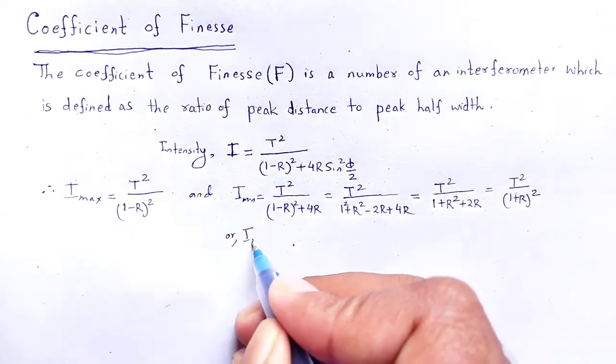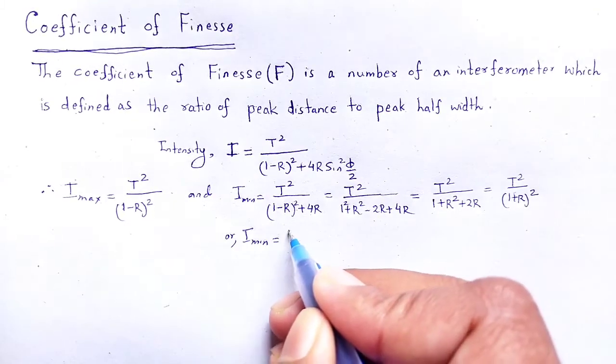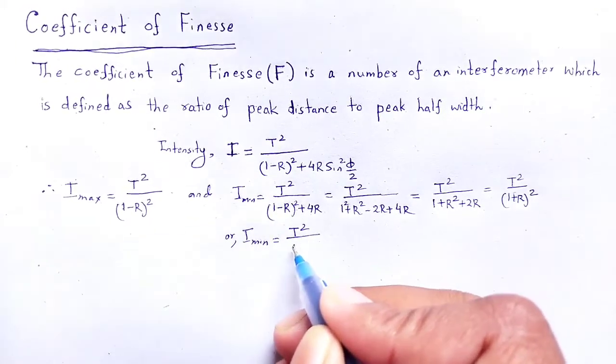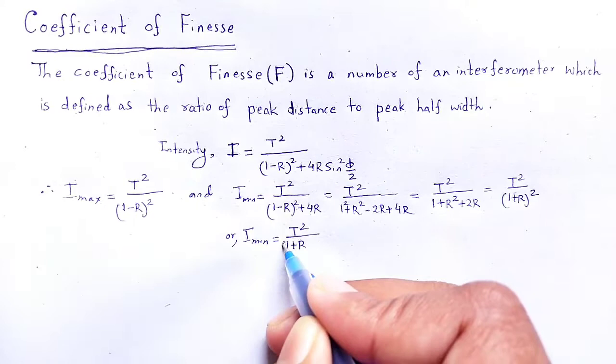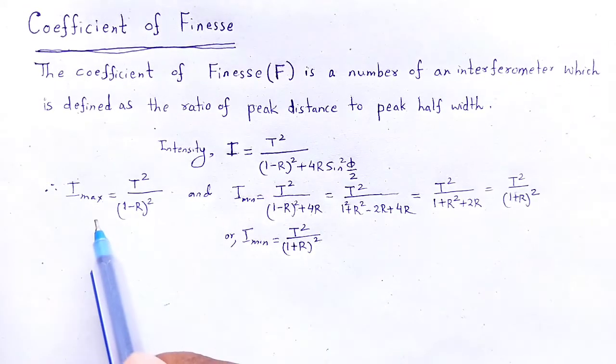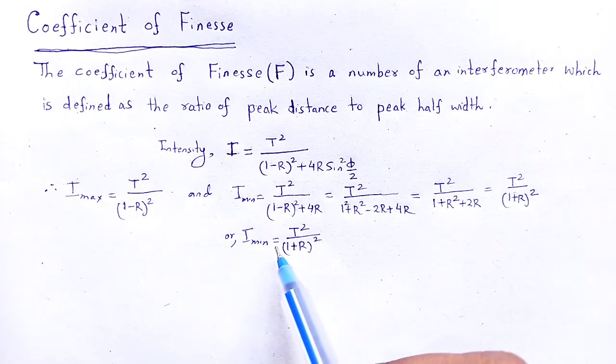We have I minimum equal to T square divided by 1 plus R whole square, and I maximum as above; that one is I minimum.